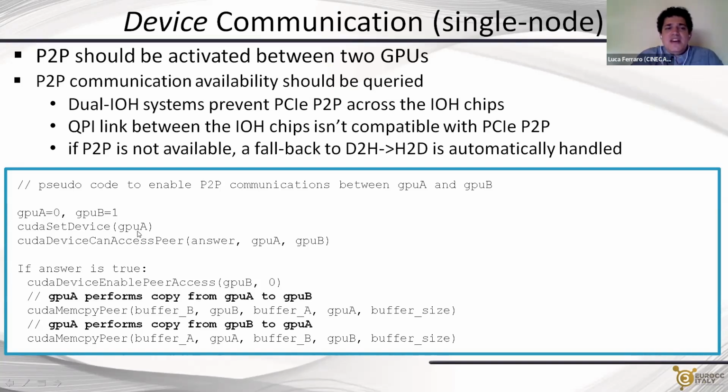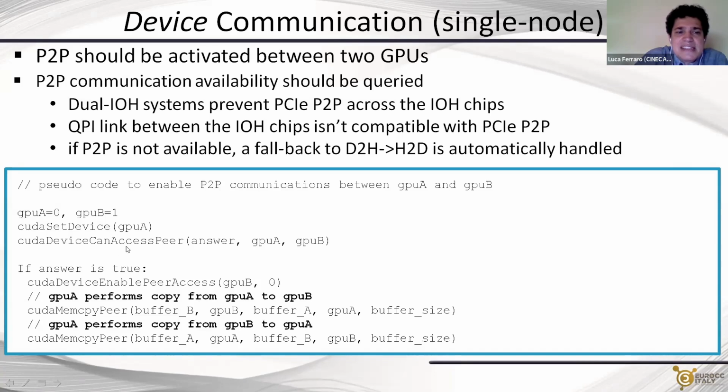Here we write the code from the point of view of GPU A. So we sit on GPU A, and I want to transfer data back and forth, for example, from and to the other GPU B. The first thing I have to do is to ask my system if I have a direct peer-to-peer link between me and my neighbor GPU B. How can I access this?